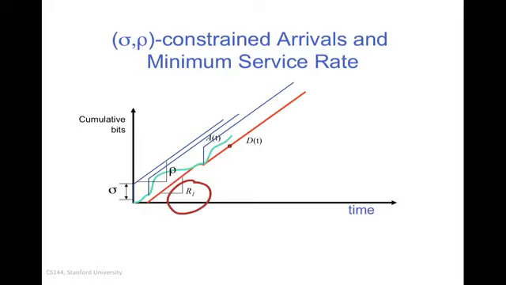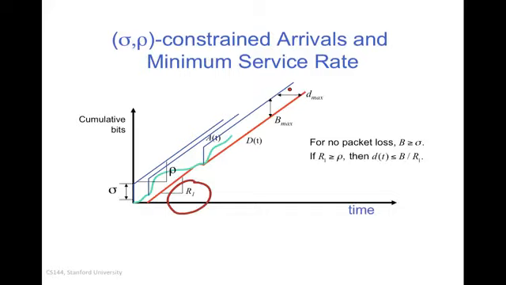But if I do that, then I know that the distance between A of t and D of t is less than the distance between this blue line and D of t. And so therefore I can constrain both Bmax, that's the maximum queue occupancy I need to never overflow, and Dmax, the maximum delay of any bit through the queue. So in summary, for no packet loss, I need that B is greater than or equal to sigma.